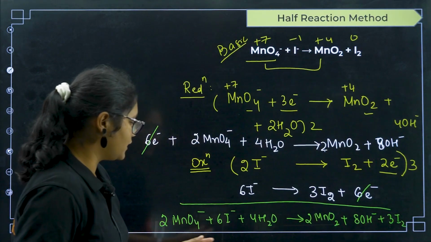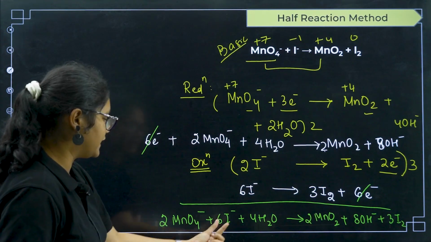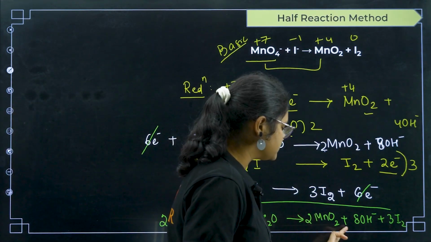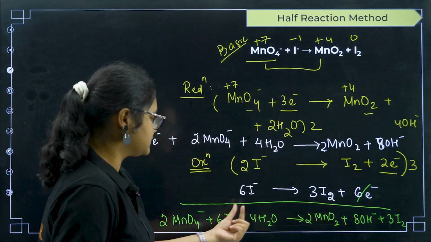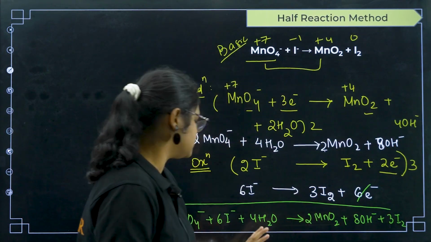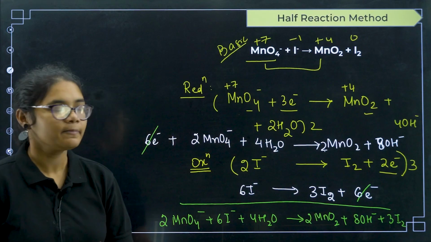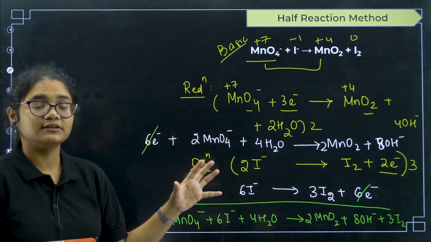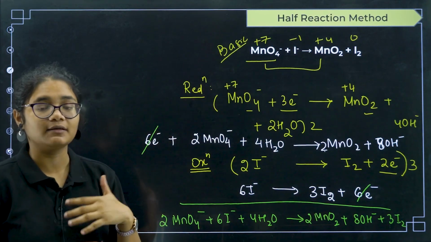So now let us see 2Mn, 2Mn, 4 2s are 8 plus 4, 12 oxygen, 2 2s are 4 plus 8 oxygen, 6I, and we have 6I, we have 8H, 8H, so the reaction is completely balanced now, okay. So this is how you need to balance using the half reaction method in the basic medium.